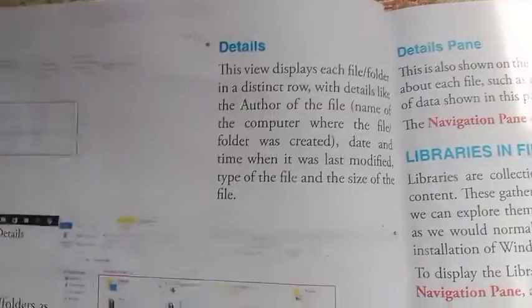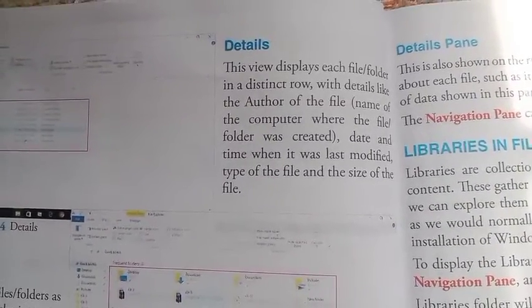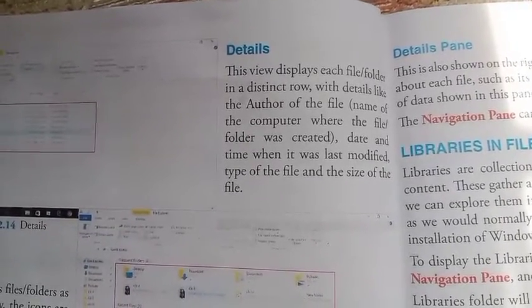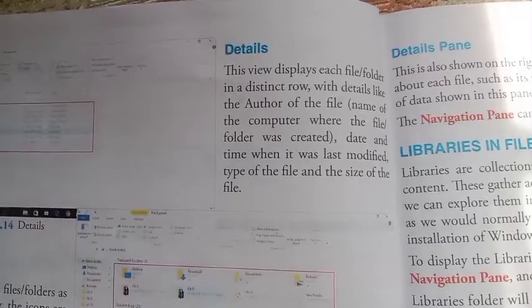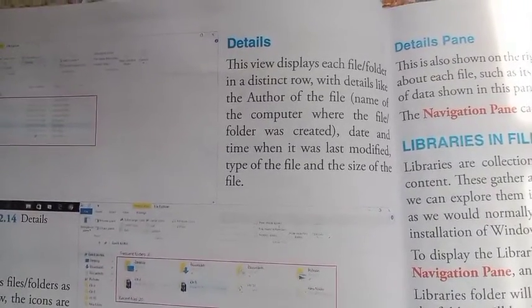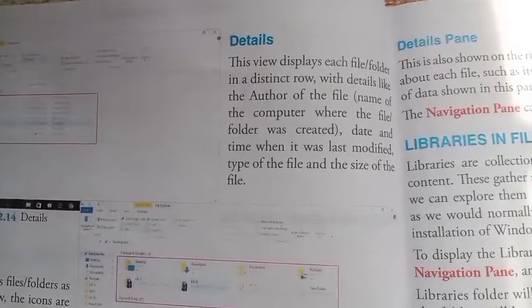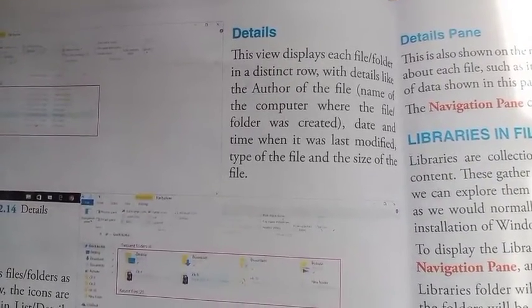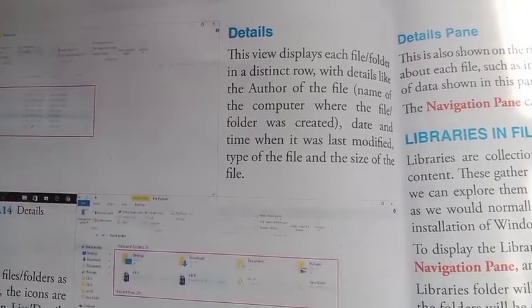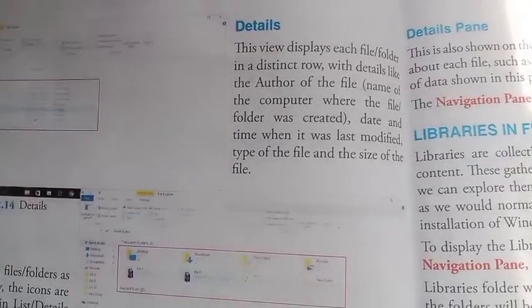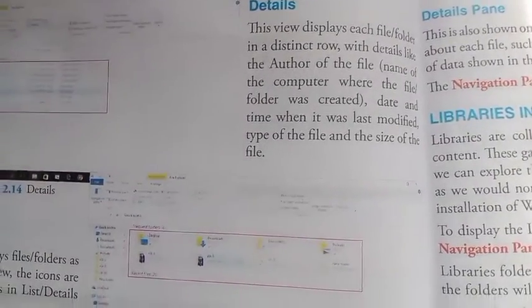Modified means whenever you make some small change to the file, the computer automatically takes that particular time and date. That one is called the last modified date and time. So these are the details. Whenever you click on details, it automatically shows you.